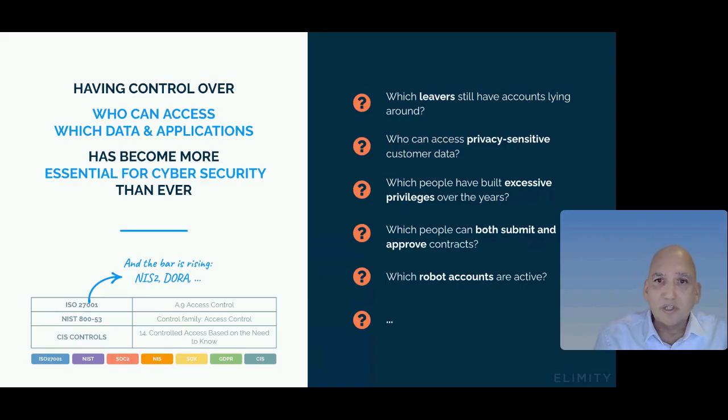Or do you know which employees can access HR data and financial data? Do you know which employees can commit fraud by both submitting and approving contracts or invoices? So my question to the audience today would be, are you in control of your identity governance?